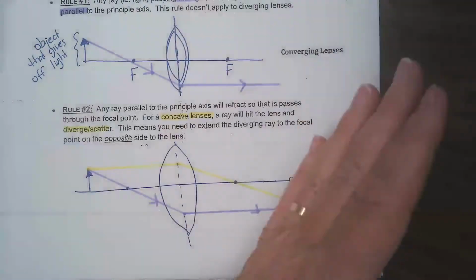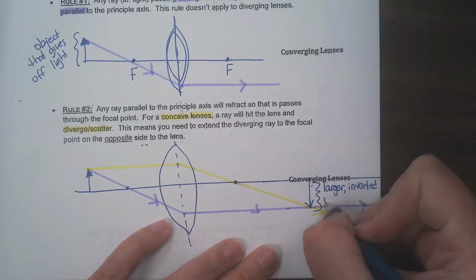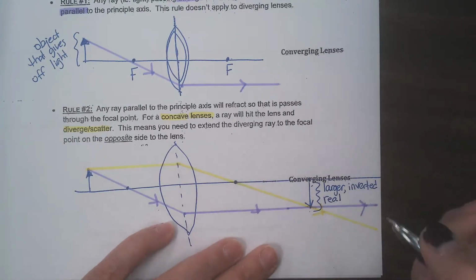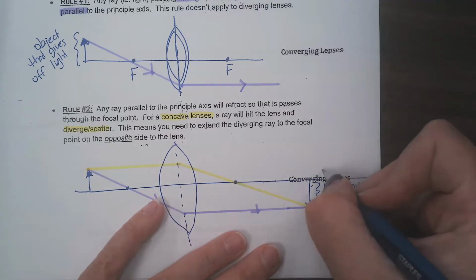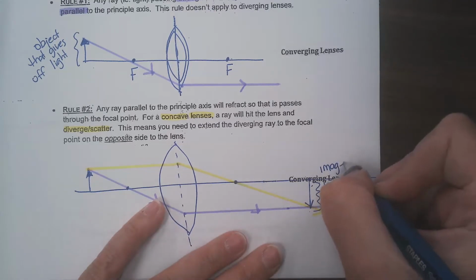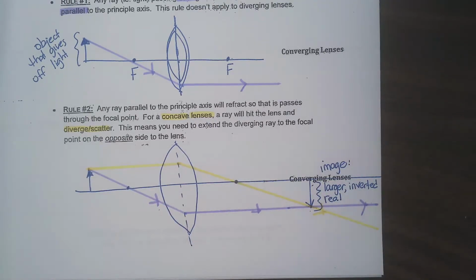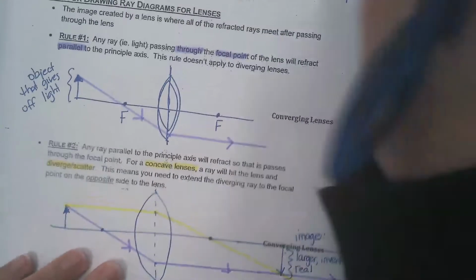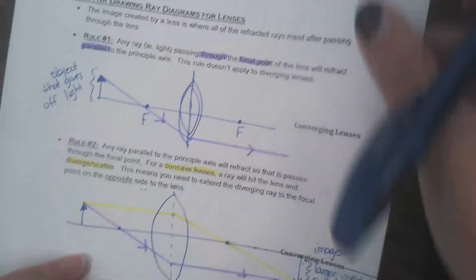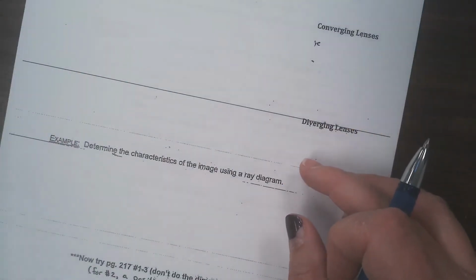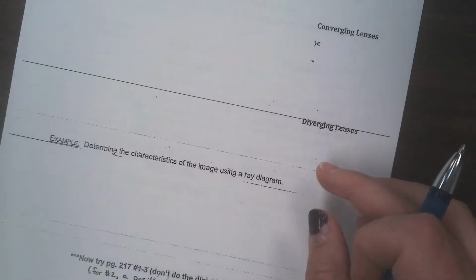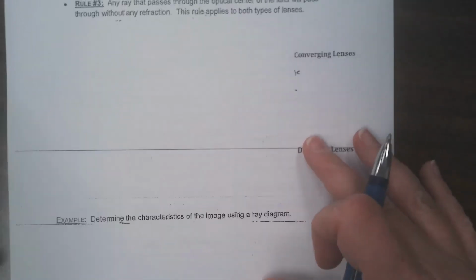It's been projected through, so it's real. Okay, so that's this image for a converging lens. Seems easy peasy, except we're going to do it for a diverging lens.